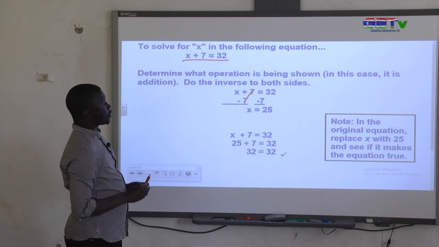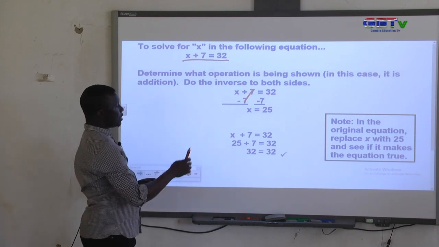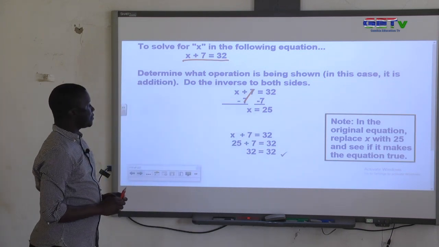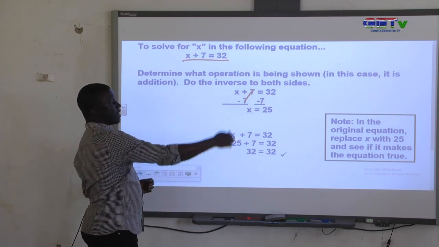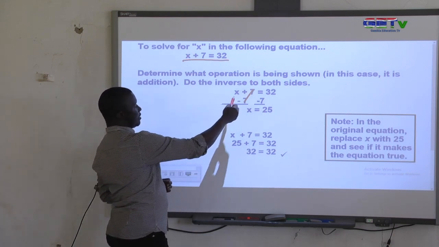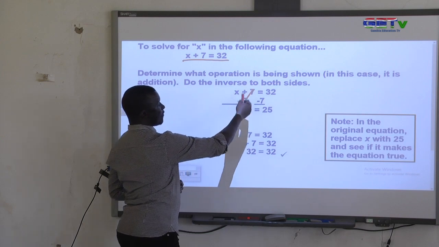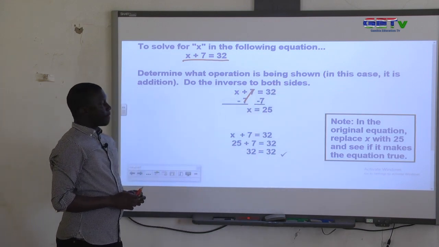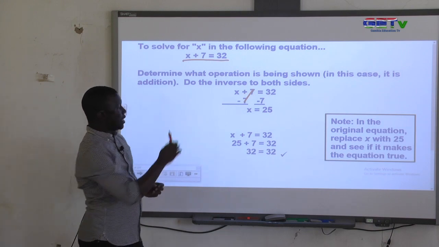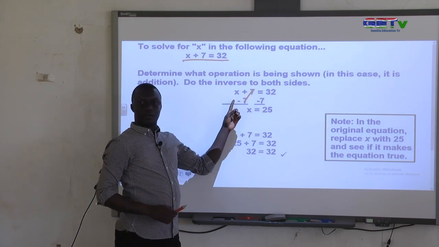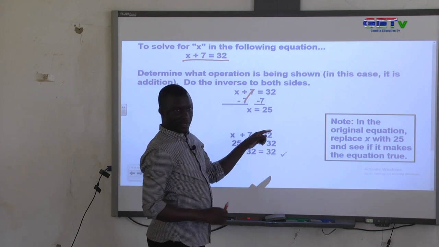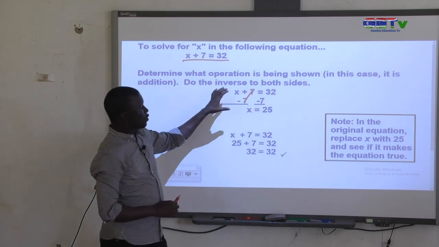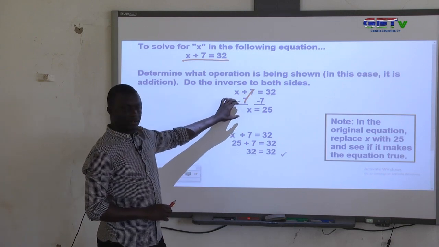Now, to know what operation we will be using to find the value of x, we have to do a reverse of positive 7 here. We have x plus 7 equals 32. As we said in our previous slide, we need to isolate the variable to find its value. So in isolating the variable, we must make sure the variable is alone here.